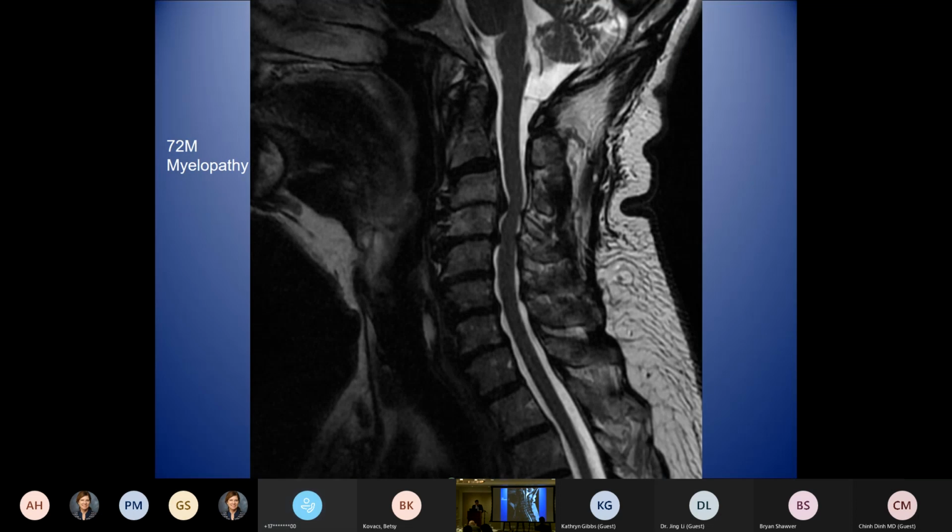Another case I'll present, and then we'll talk about what I did for each one of these and why we did them. This is a much older patient. This gentleman is 72 years old, and his presentation is very classic myelopathic symptoms. Hand numbness, dropping things, hand weakness, discoordination, significant walking imbalance. He came into the office, and I said, "What brings you here?" And he said, "I can't walk."